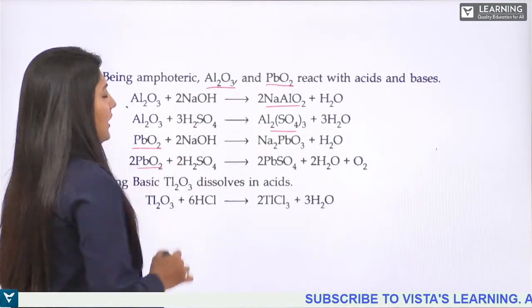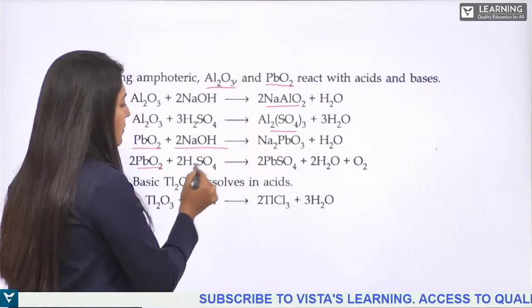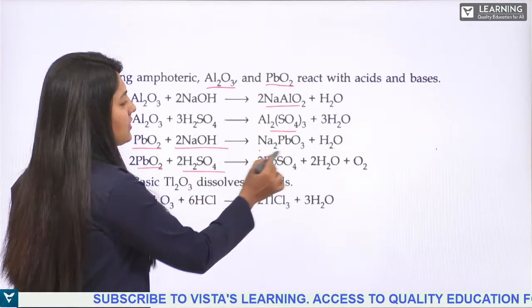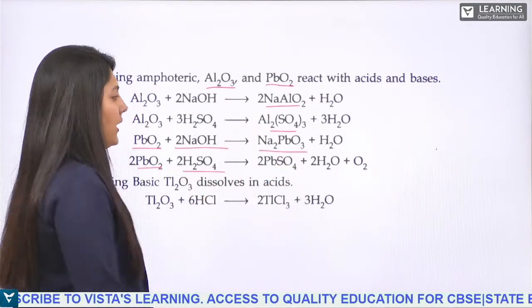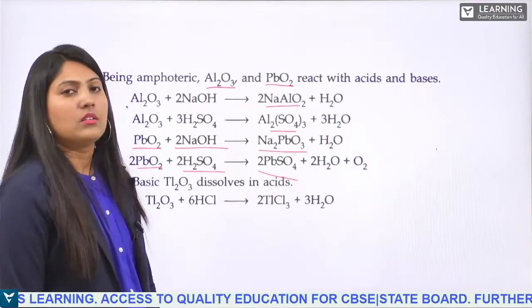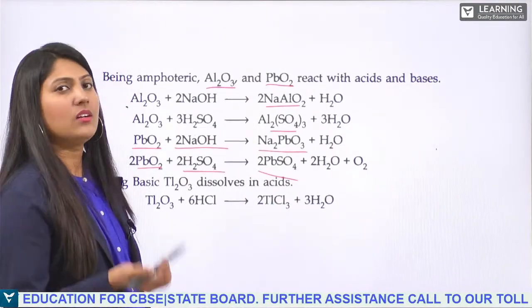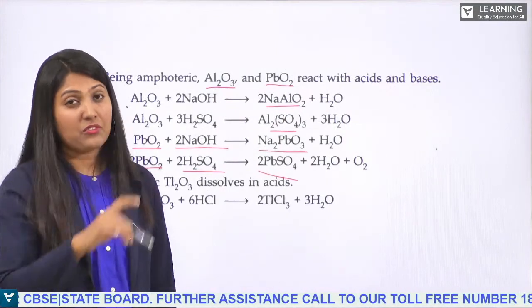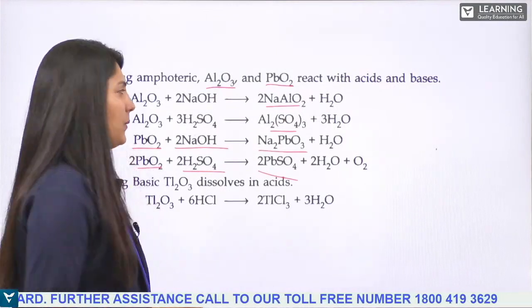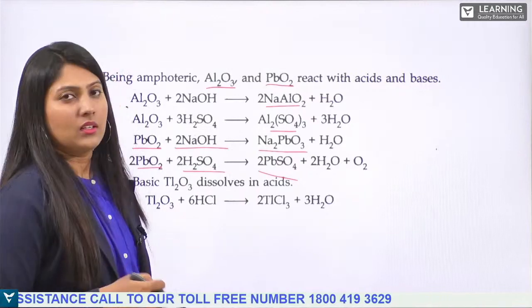Likewise, lead oxide, reacting with base and acid, gives you sodium plumbite and lead sulfate. So this confirms the amphoteric nature of aluminium oxide and lead oxide.